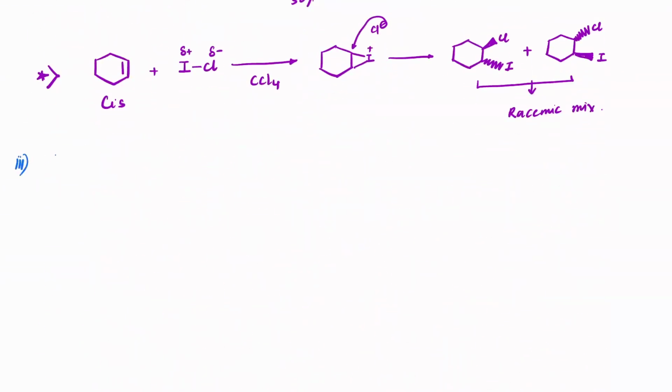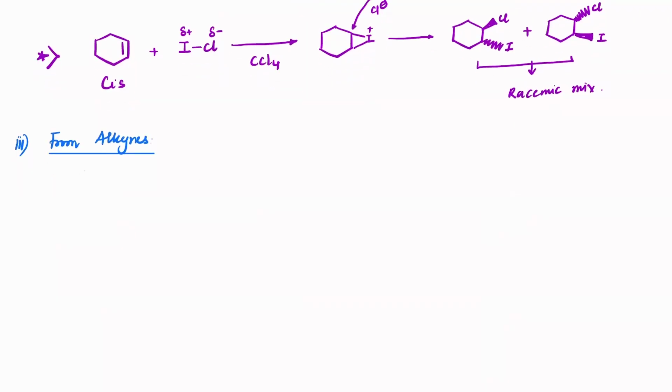Third is from alkynes. From alkynes, what kind of reaction will happen here? See, if you have R, C triple bond CH, and if you are making an HBr addition, the first addition will be such that Markovnikov rule should be followed, which makes it CH2, and then we will get Br here.